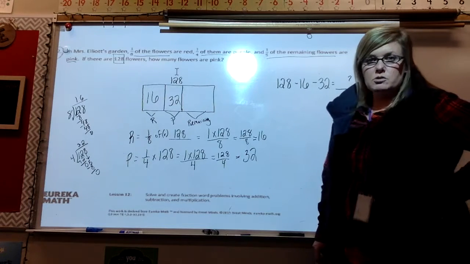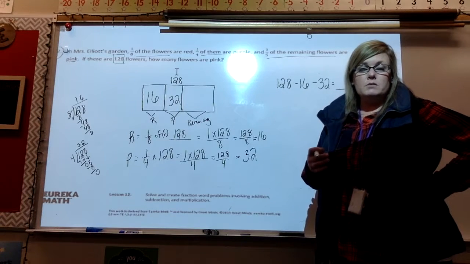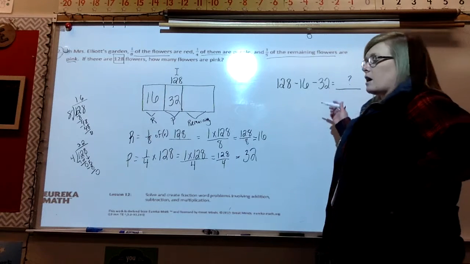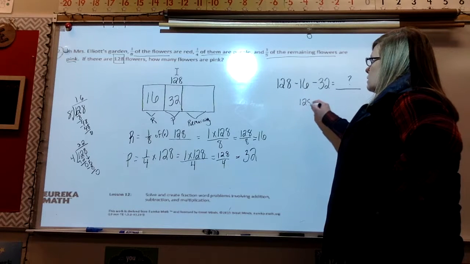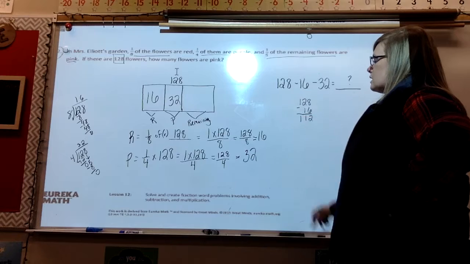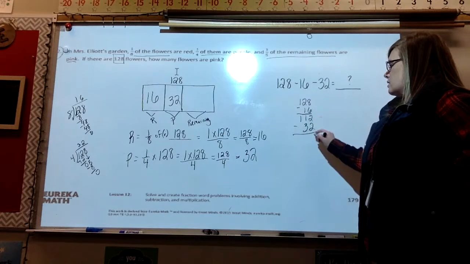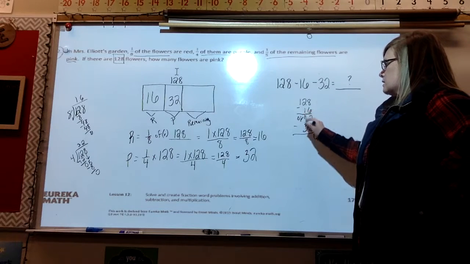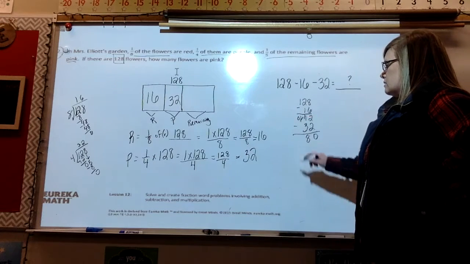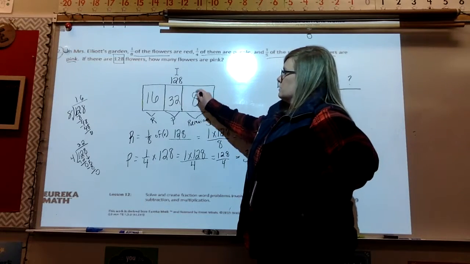You can't do 2 subtraction problems at the same exact time, so you need to do 2 separate problems to figure out what's left. So 128 minus 16, I get 112, minus 32, 0, I need to borrow, this becomes an 11, I get 80. So there are 80 remaining, so that goes right here.